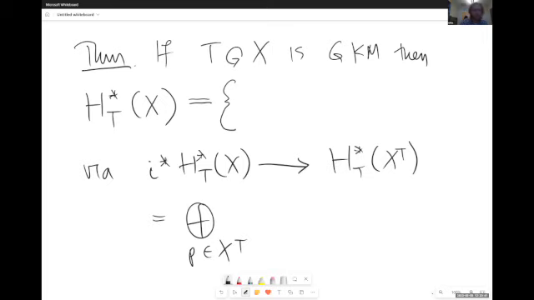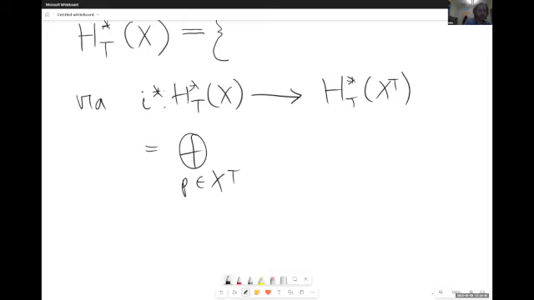Then I have an inclusion map, taking the set of fixed points, which is just a discrete set, into X. Therefore, I get a pullback map on equivariant cohomology.